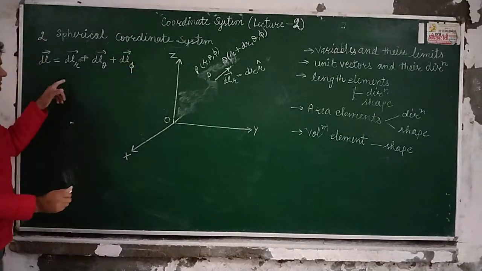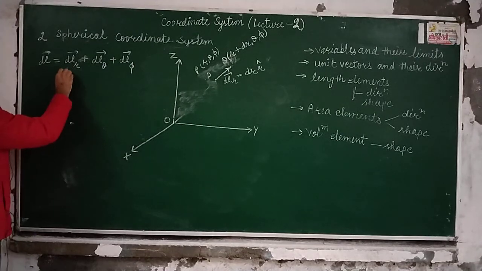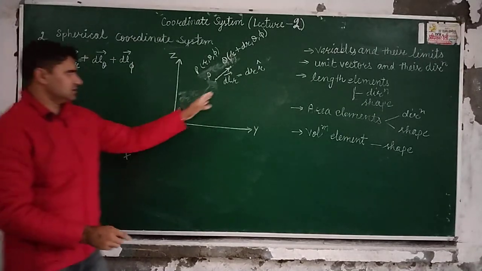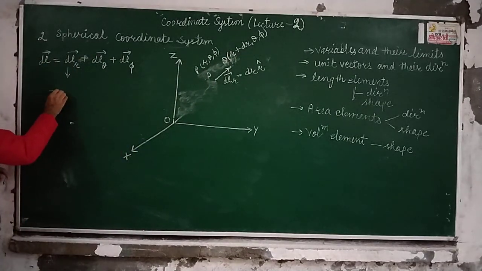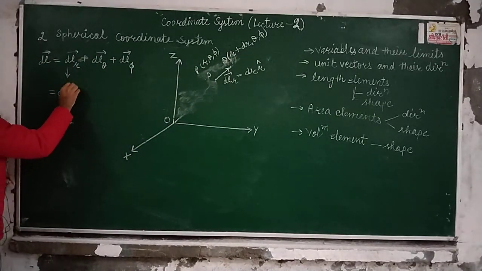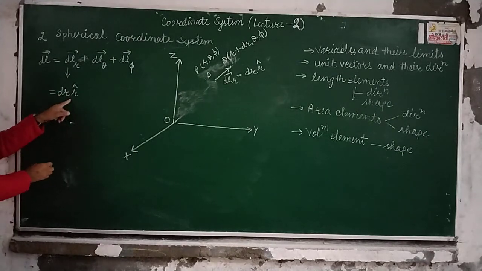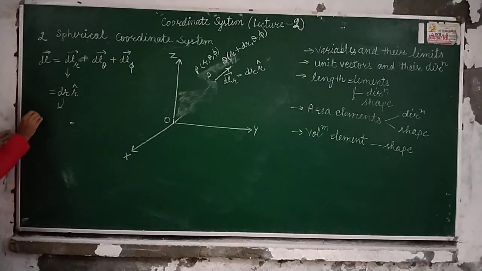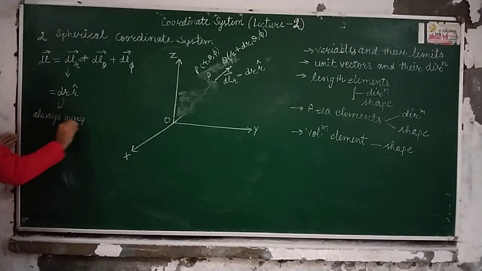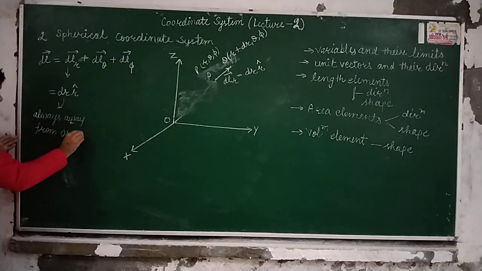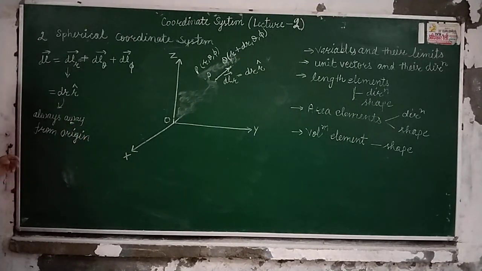Here we are to discuss their directions also. dlr we have seen, this is dr into r cap. Its direction, I am talking of the positive direction, is always away from the center point, or I will write here, the origin.